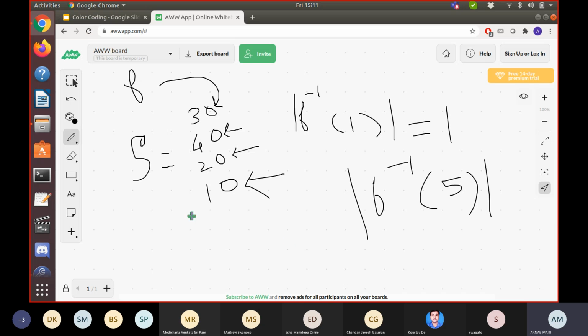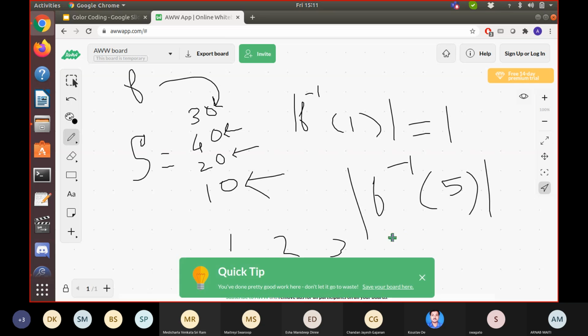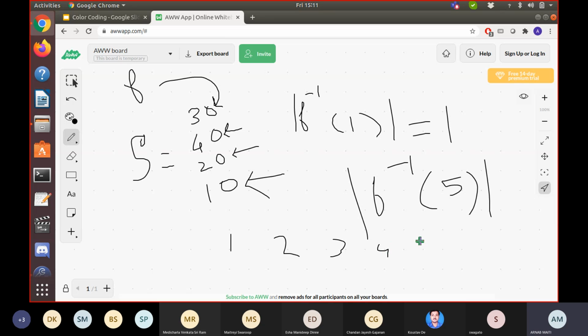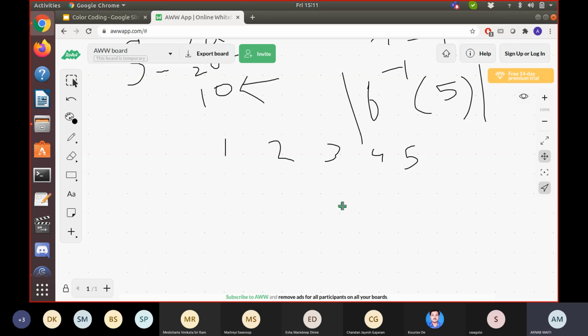Let me explain it again. Take 1, 2, 3, 4, 5, and do this f inverse intersection S. Focusing on that S, the mod values are 1, 1, 1, 1, 0.